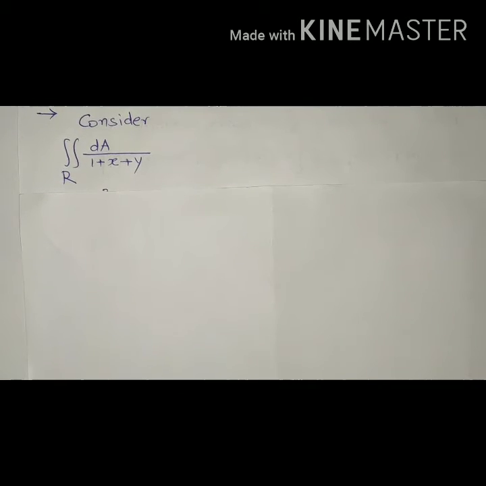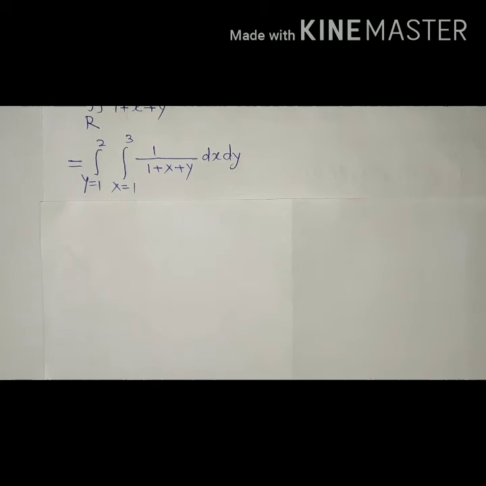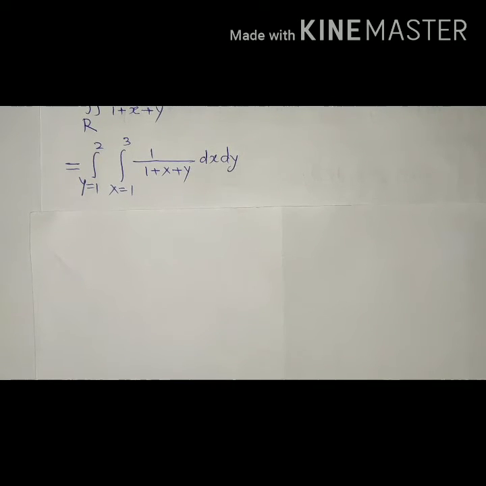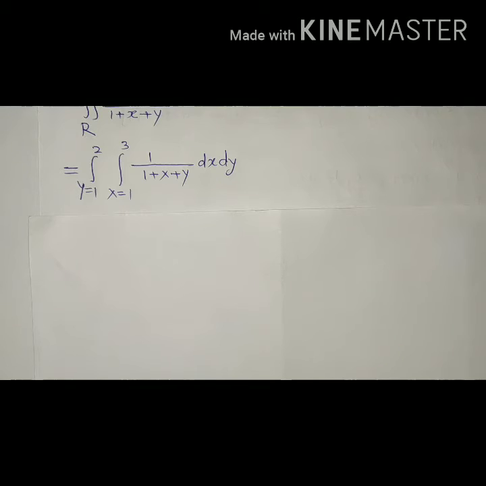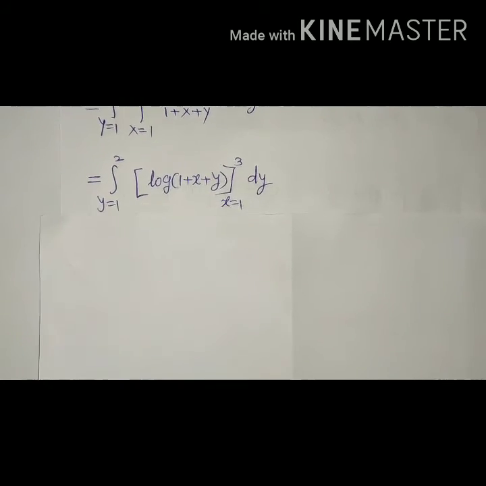Consider double integral over R dA upon 1 plus x plus y. So let us adjust outer integral as y equal to 1 to 2, inner integral x equal to 1 to 3, 1 upon 1 plus x plus y, inner integral is x, so dx, outer one dy. Now when you are integrating with respect to x, 1 plus y is a constant. So let us go ahead. We use the formula.